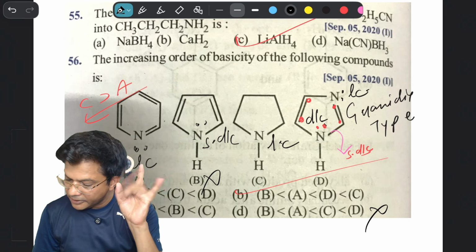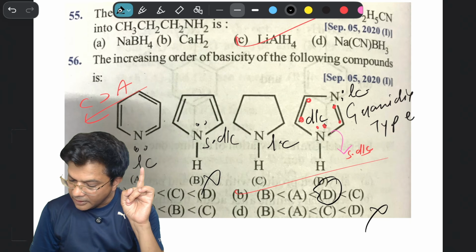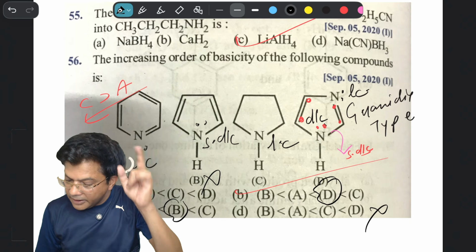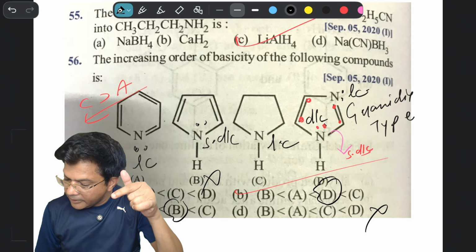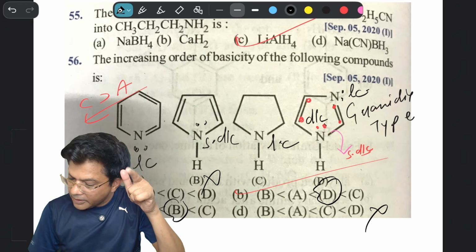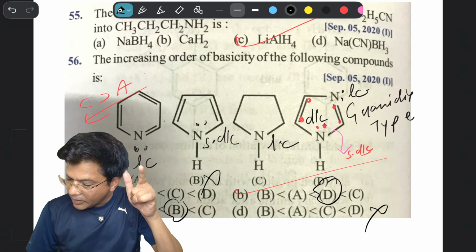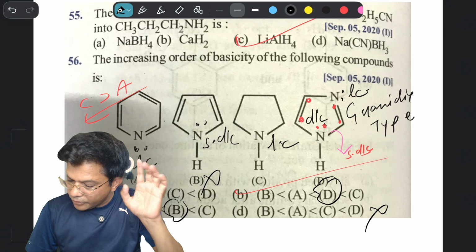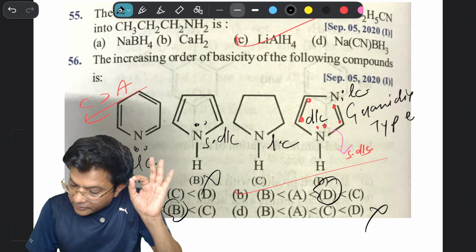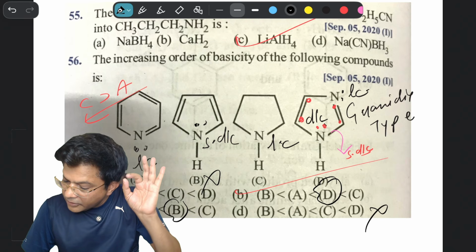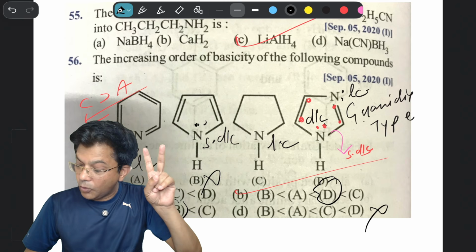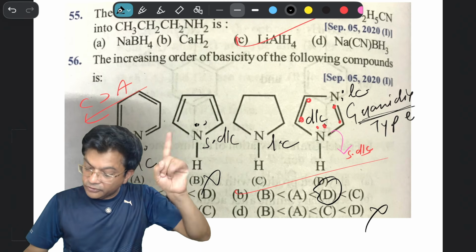So let's see the competition between D and B. Which is more basic? In B, it is like this, and in D it is guanidine type, so it will get preference over B.